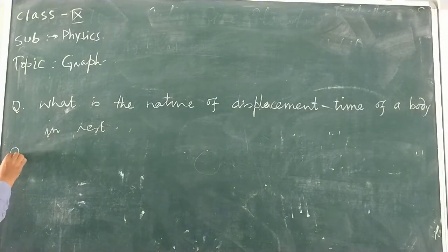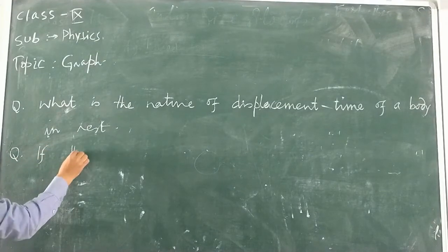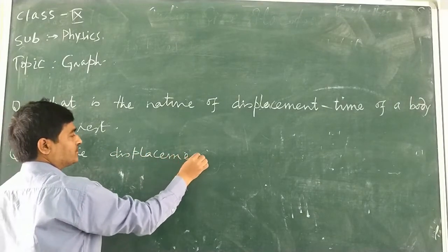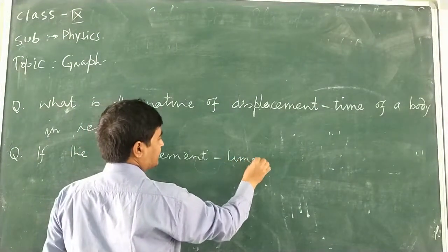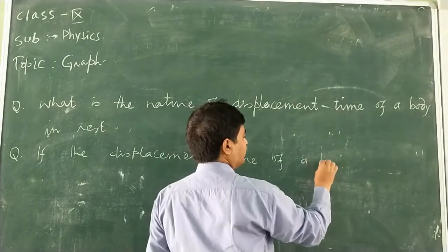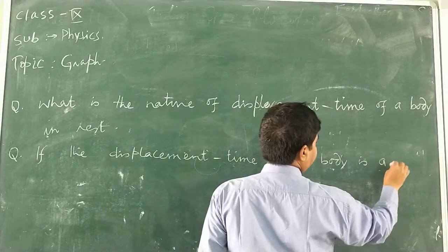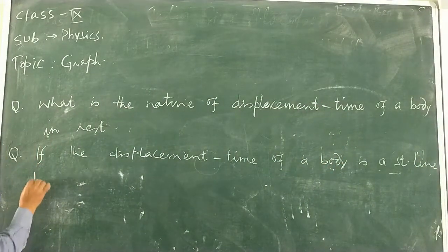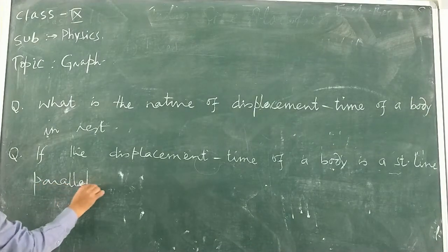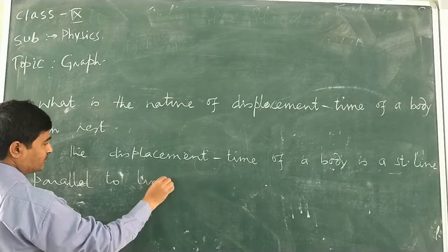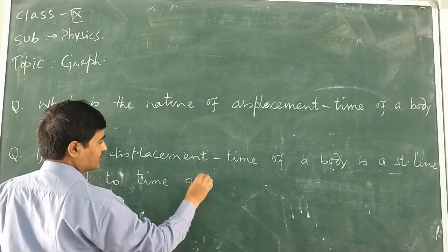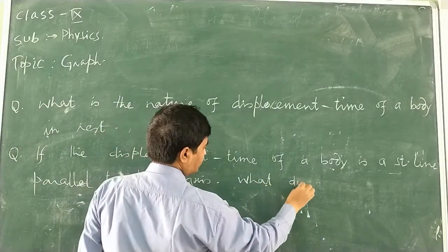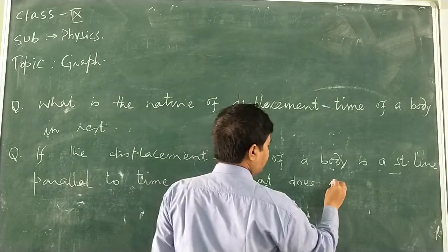One more question: if the displacement time graph of a body is a straight line parallel to time axis, what does it mean?